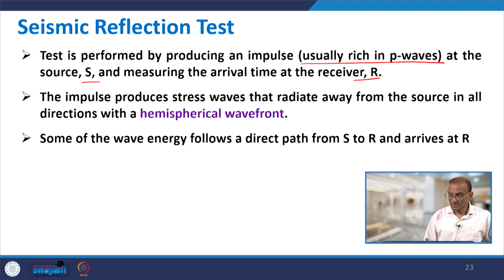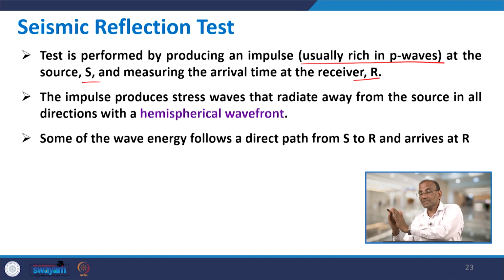At the source the wave is generated and it is received by the receiver. The impulsive stress waves radiate away from the source in all directions with a hemispherical wave front, and some of the wave energy follows a direct path and some is reflected.